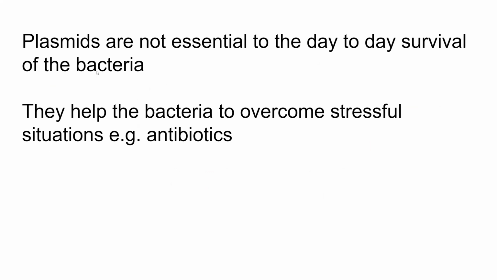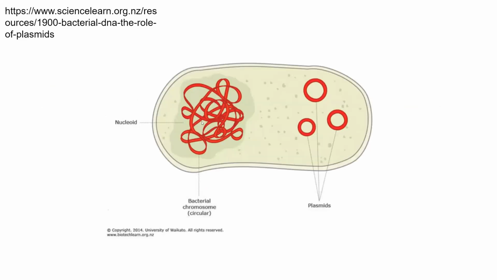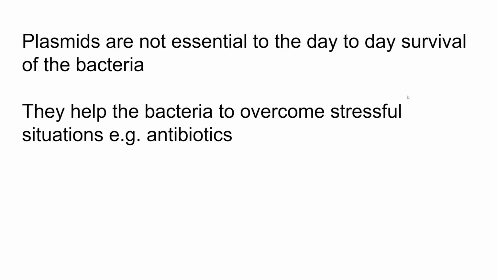The bacteria contains this DNA, this chromosome here, that is used for making the proteins and the day-to-day functioning of the cell, whereas the plasmids are not involved in any of that. Plasmids are used mostly to overcome stressful situations like antibiotics, which we will touch on later on.